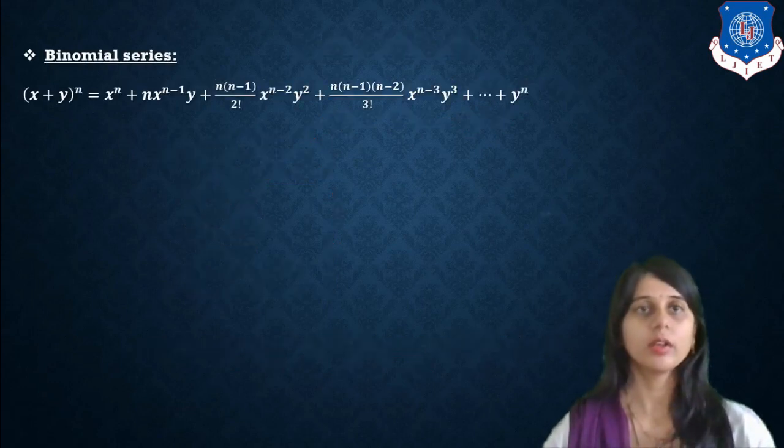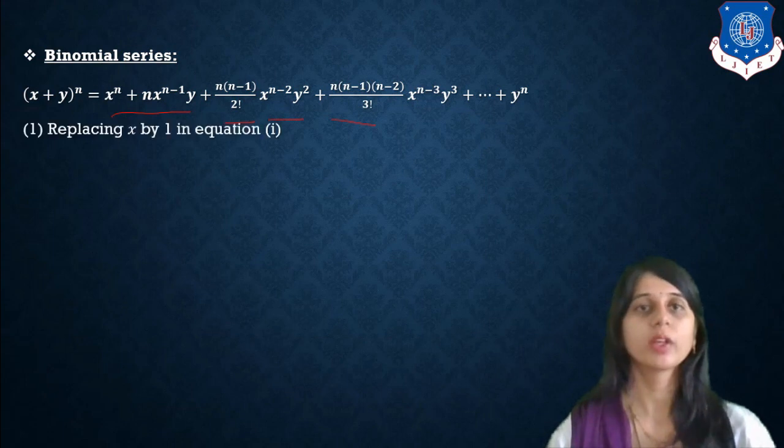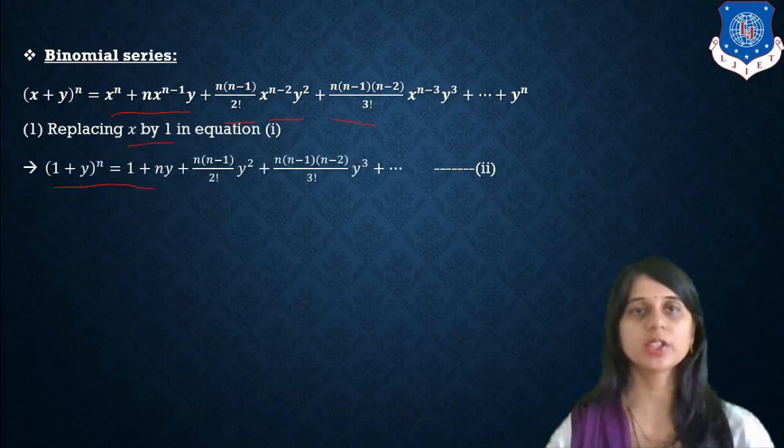Now, (x plus y) raised to n is a different formation of the binomial series. In generalized form, x raised to n plus n x raised to n minus 1 y plus n(n minus 1) upon 2 factorial x raised to n minus 2 y square and so on. Replacing x by 1, we get the series of (1 plus y) raised to n.